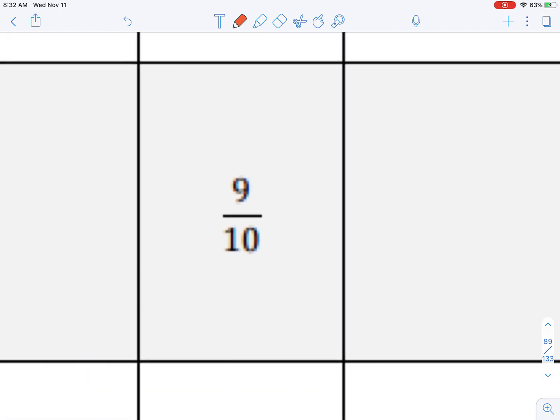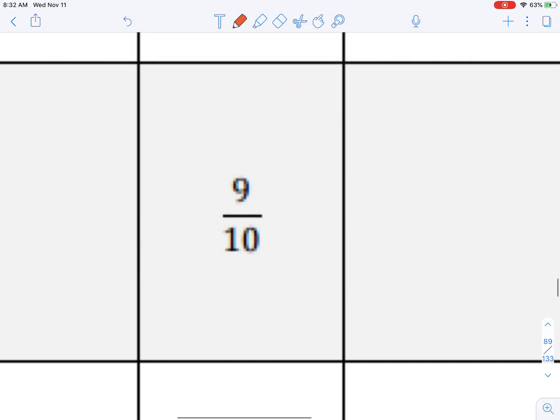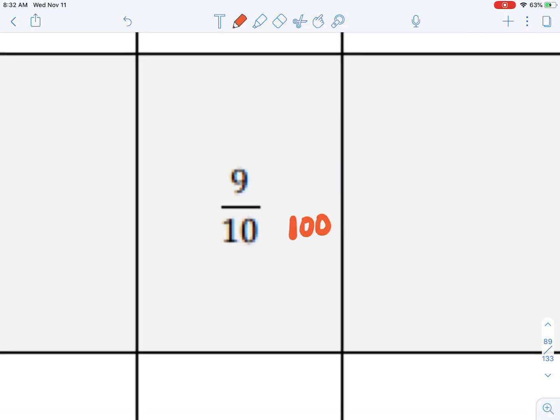Now they give us 9/10. So for this, remember, percentages are out of 100. This is a simplified version of it, so we have to scale up. If I have 100 in the denominator, what am I doing to 10 to get 100? Well, I'm multiplying by 10.